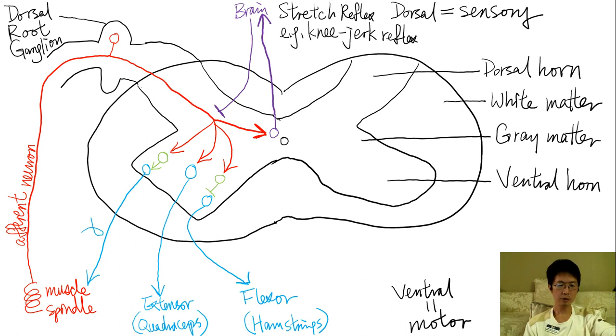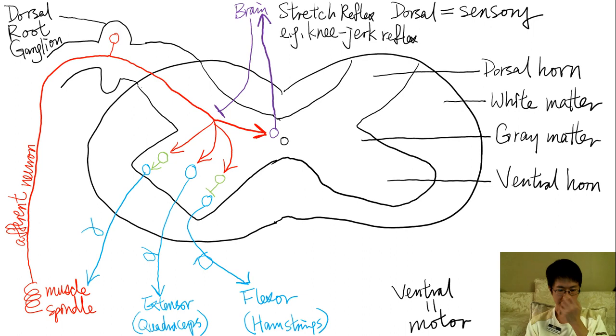What about the neuron that innervates your quadricep and hamstring? We call them alpha motor neuron, and alpha motor neuron here. Alpha looks like gamma, but I hope you can tell the difference between alpha and gamma. This motor neuron is alpha, this is also alpha, and this is gamma, okay?